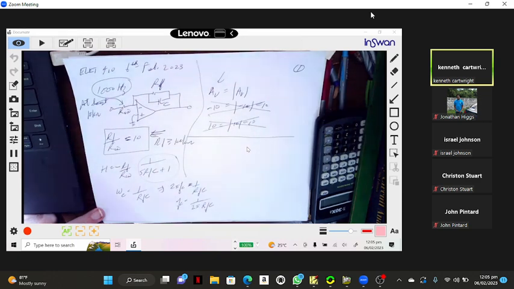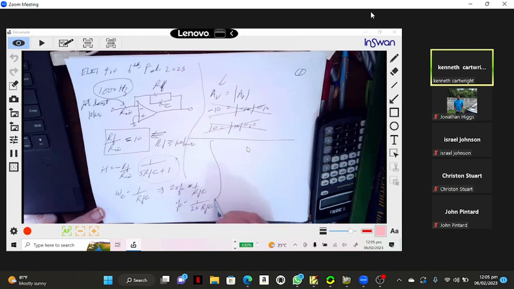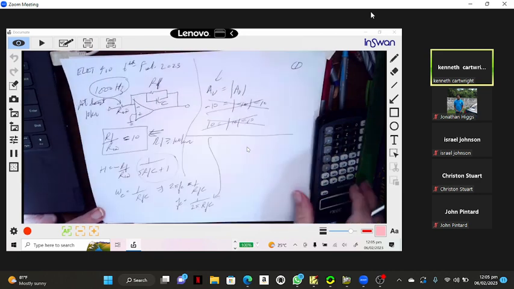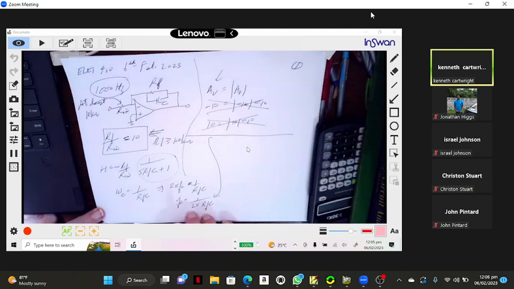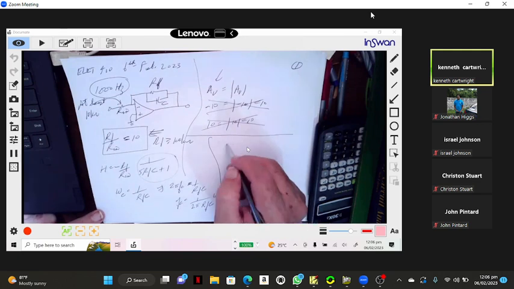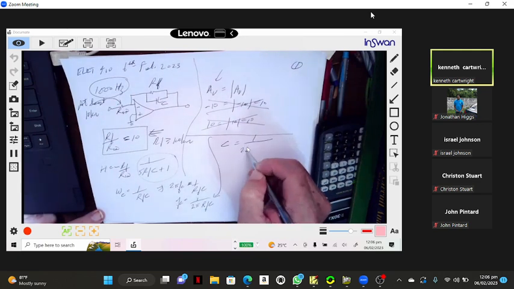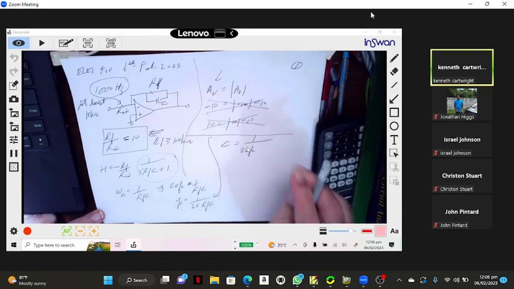So now that gives us a rough value of C, because now we can put that in this equation to get a rough value. And I say rough, although many of you thought that was your final C value. All right, so from this equation, C is equal to 1 over 2 pi FC RF.